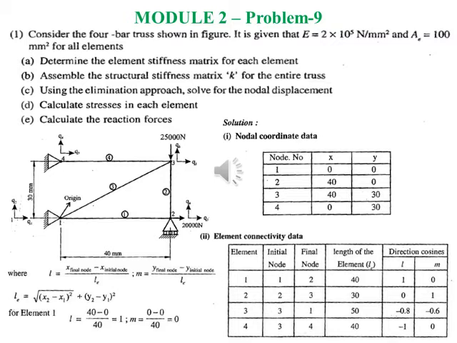So direction cosines L and M. L is nothing but cos theta and M is nothing but sin theta. So writing down the direction cosines, we get 1, 0; 0, 1; minus 0.8, minus 0.6; minus 1, 0.